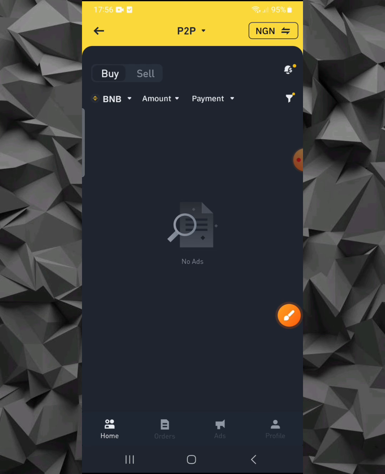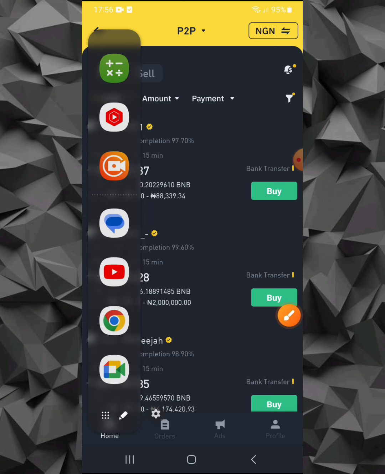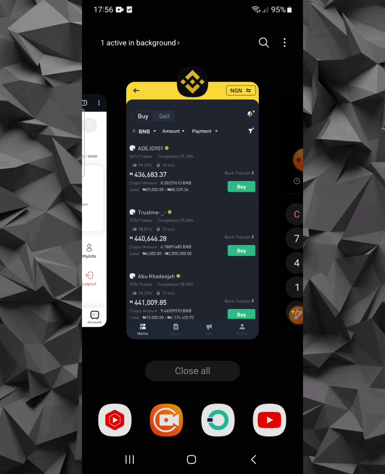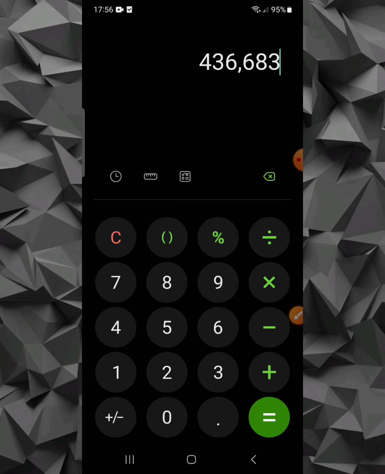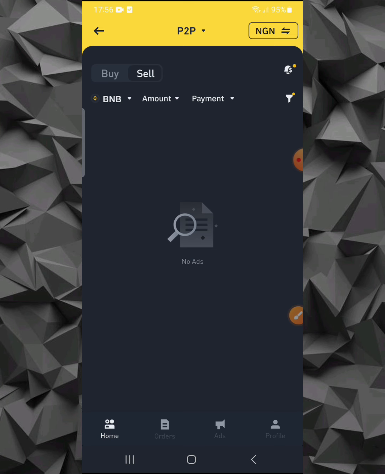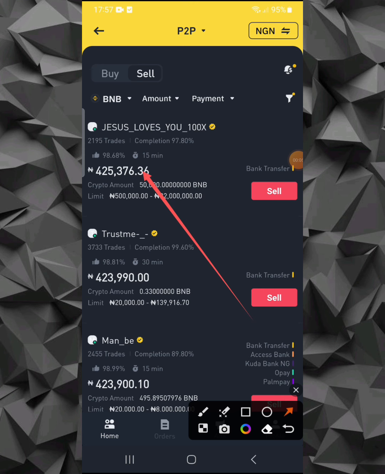So the rate on the buy side is about 436,683 Naira, okay? Let's quickly jot this down. 436,683 Naira. So this is the rate on the buy side. And if you come to the sell side, the rate is about 425,376 Naira, okay?